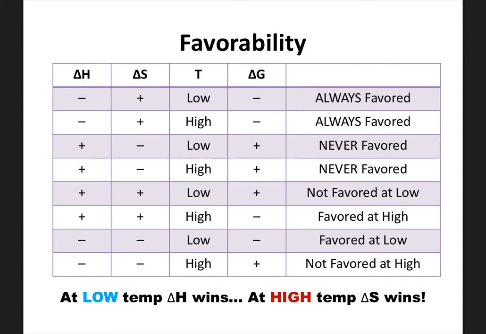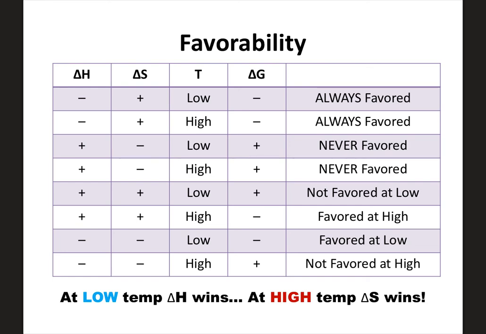If you have a negative value of delta H, we know that nature prefers this negative enthalpy change, and a positive value for delta S, an increase in entropy, which is preferred. It doesn't matter what the temperature is because both of these are preferred. No matter the temperature, you're going to get a negative delta G here. You're going to get a thermodynamically favored reaction always because your delta H and delta S both had those preferred values, a negative delta H, positive delta S. So we don't even need to worry about the temperature.